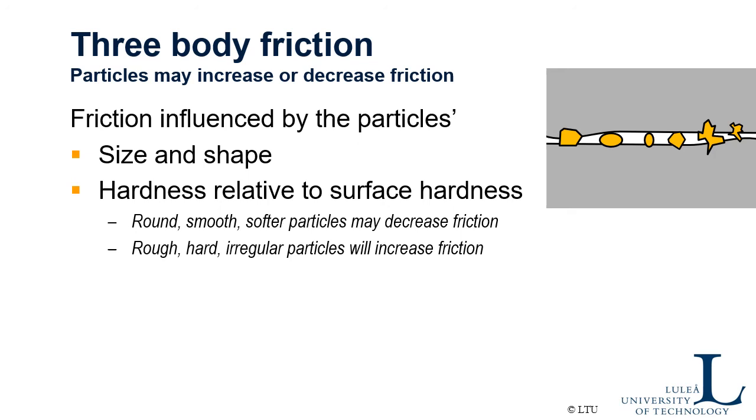So here it's again important to think about the shape of the particles, because the size and the shape determine how much it penetrates into the other surfaces, and of course the hardness relative to the other two surfaces is important. So if you have sand on ice and rubber shoes, the sand particles are harder than both the ice surface and the shoe sole surface, and that means that you get a good plowing friction in both interfaces.